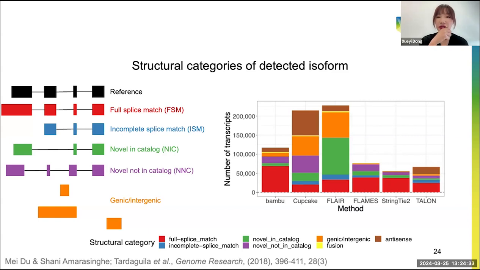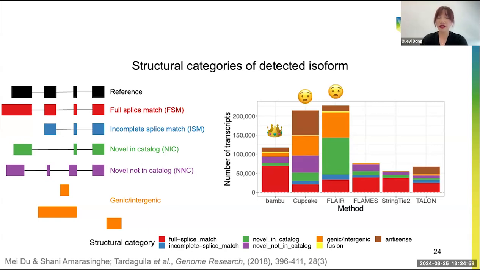Well, in our results, we found out that Bambu seems to be working pretty well because it has a high number of full splice match and also seems to have a suitable number of novel isoforms detected.